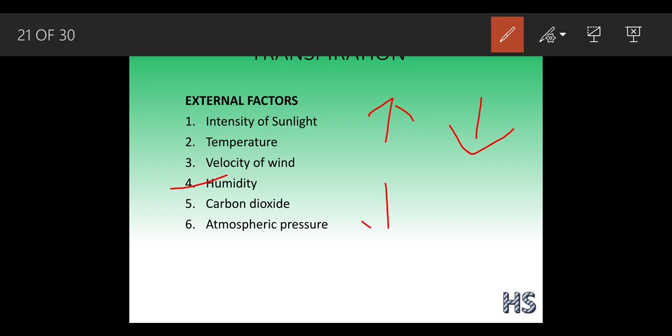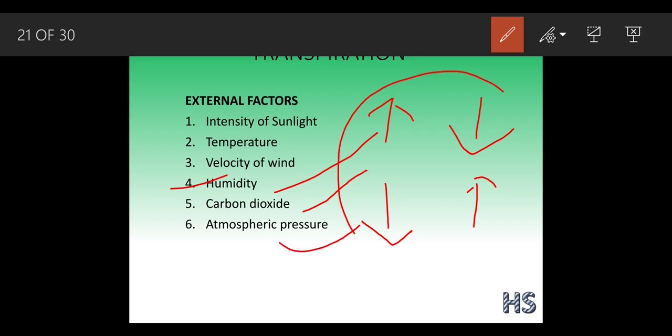If humidity is less, transpiration would be more. Carbon dioxide and atmospheric pressure work in a similar fashion. When humidity increases, transpiration goes down. When humidity decreases, the rate of transpiration will increase. So this goes hand in hand.